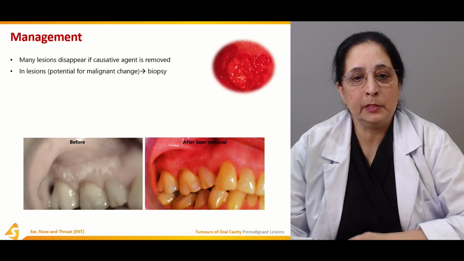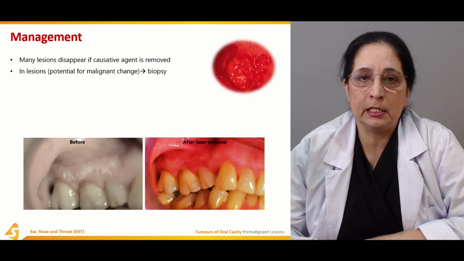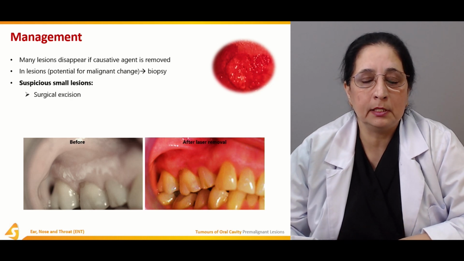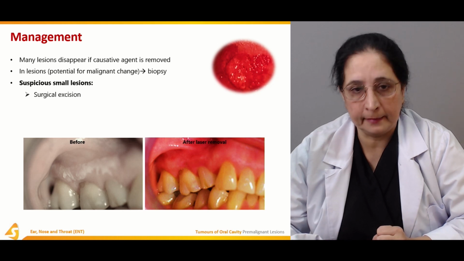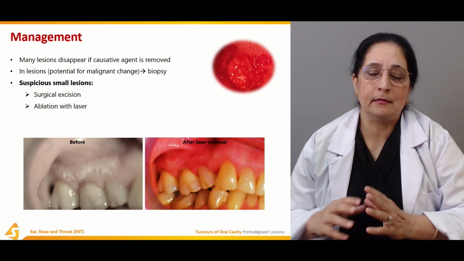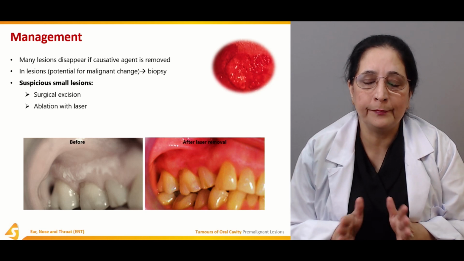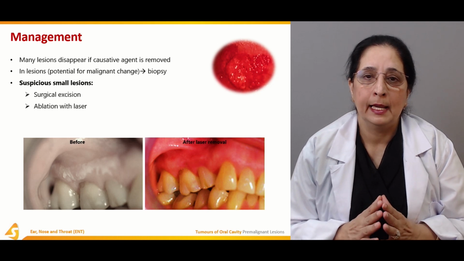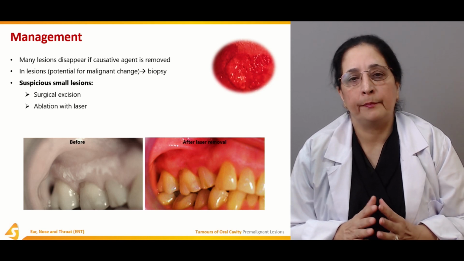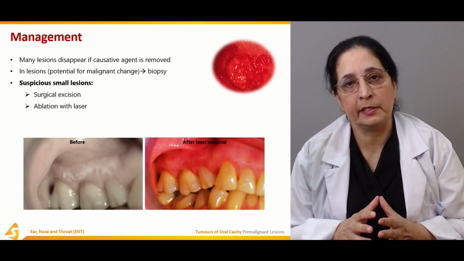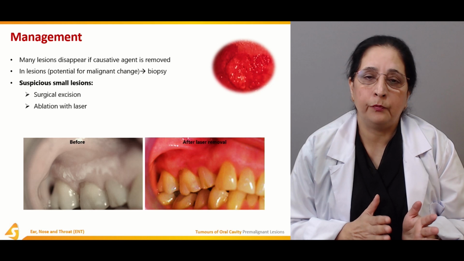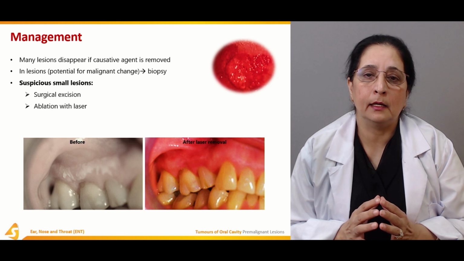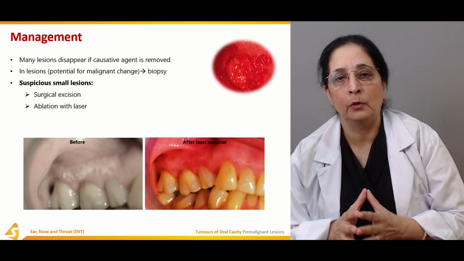In lesions with potential for malignant change, biopsy should be done. Suspicious small lesions should be excised surgically, and ablation with laser. So laser can be used to remove the patches, and biopsy is important because incidence of malignant transformation is high, about 1 to 17.5% max. Then it can be leukoerythroplakia.